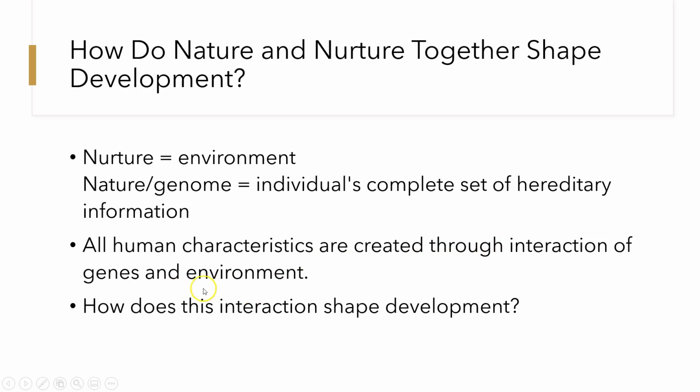So the question is, how does this interaction between nature and nurture shape development? When we think about your intelligence, your IQ score, well, what part of that are you born with? You're born with genes that make you smart. Or what part of that is the environment? How much your parents helped you with school, what school you went to.